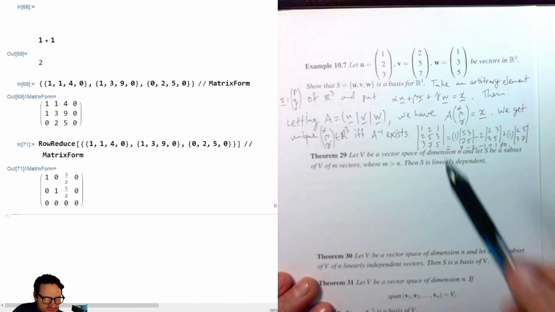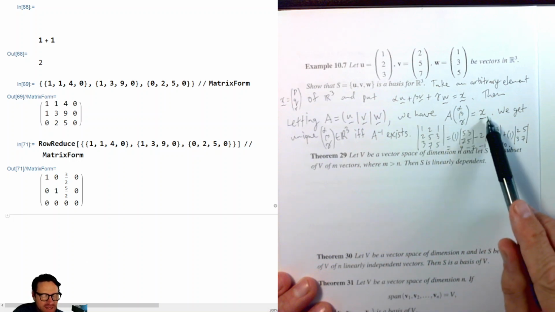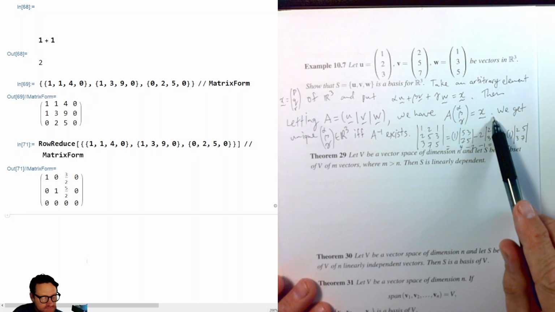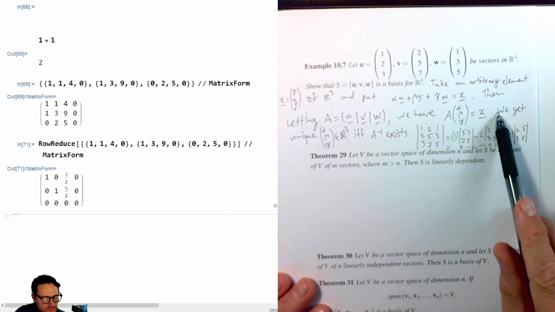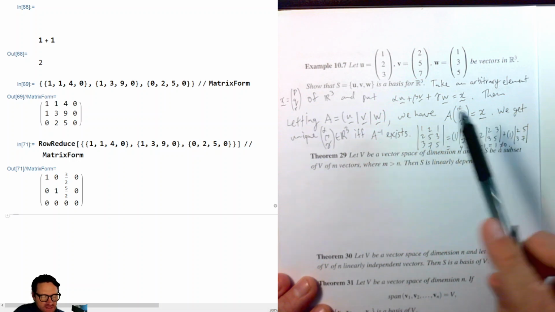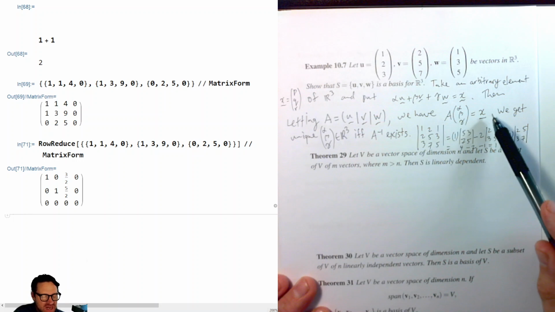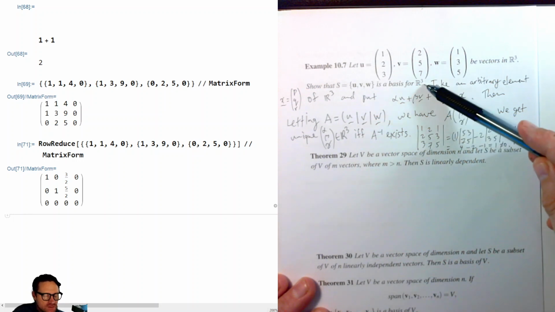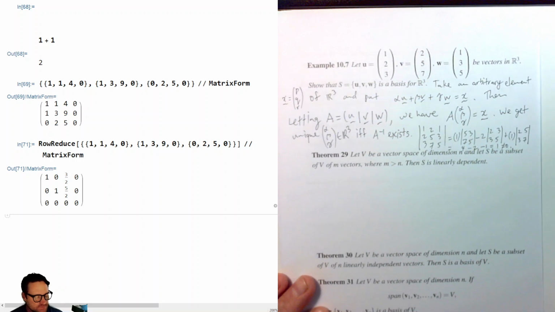I can always solve this equation for alpha, beta, gamma, and I get a unique solution. So what we learn then is not only are these three vectors linearly independent, but I can obtain any element of R3 as a linear combination of those three vectors.